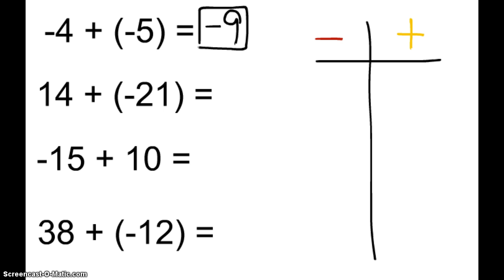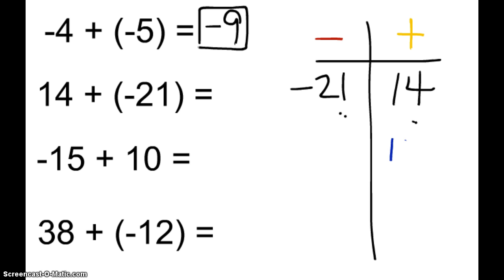All right, now I've got 14 positives, and I have 21 negatives. So since I have something on the left and the right, I know I'm going to have some 0 pairs. So let's rewrite, and I'm going to use a different color to make it easier for you to see.